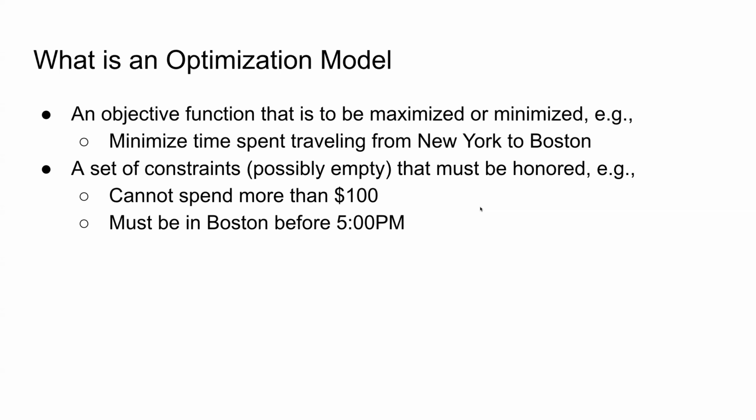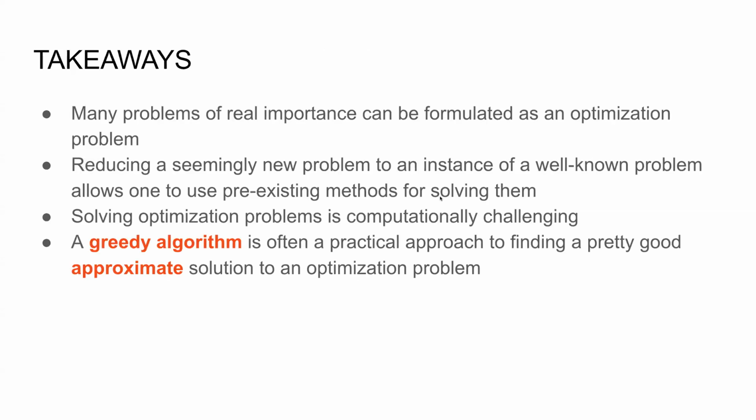For example, you have a budget of $100, or you have to arrive at the destination before 5 p.m., for example, right? So an objective function or functions that is to be maximized or minimized. That's an optimization problem. In real life, many problems of real importance can be formalized as optimization problems.